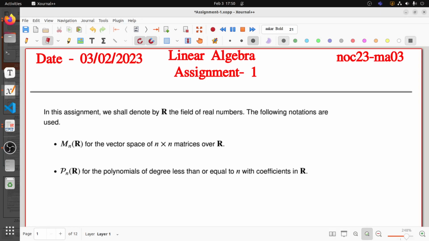So first note, A always contains span of A, right? Why? Because for any V in A, you can write V as 1 times V, which is in A, where 1 is a real number.